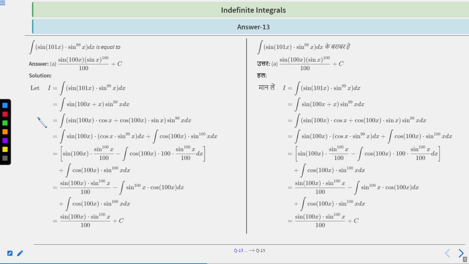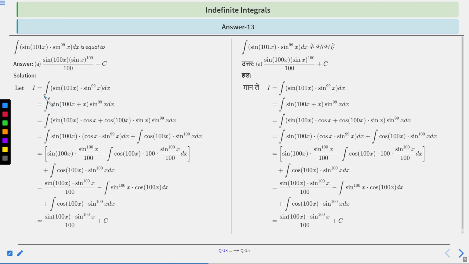Okay, let's move to the solution part. As we have discussed, I is equal to integration of sine 101x into sine to the power 99x dx.